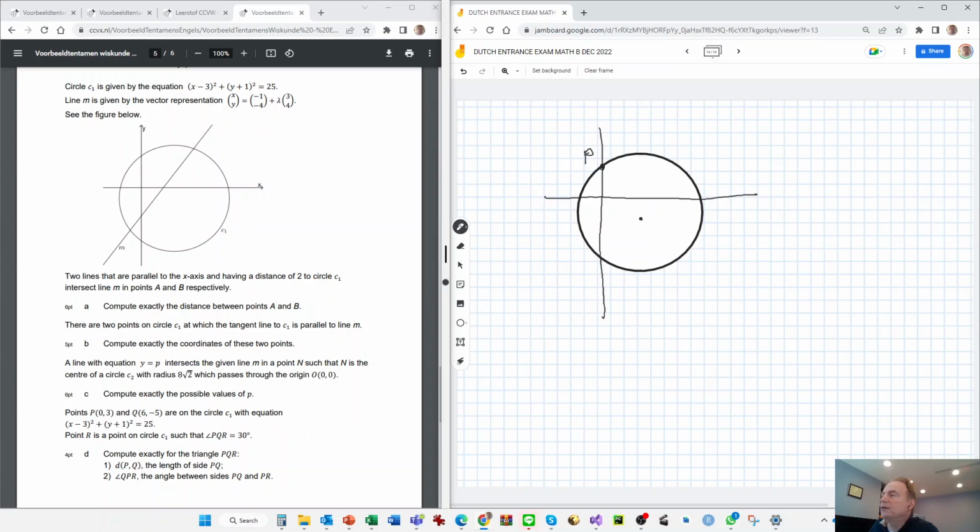And this is X is 3, so it's probably somewhere here. Q. And there's a point R such that the angle PQR is 30. So Q is in the middle.